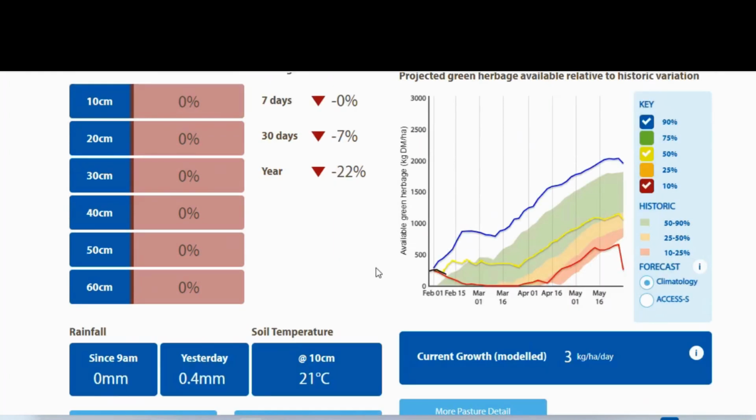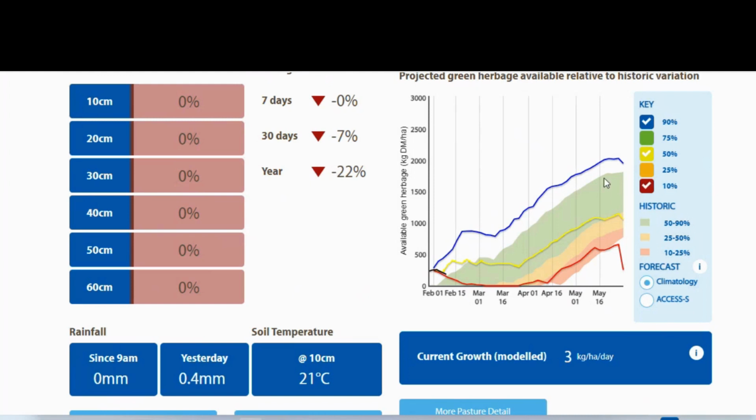And one of the key things in understanding Farming Forecaster is this historical data. It gives us a reference point to compare the forecast lines against. So where the brown meets the green is the 50% line. So little scale here, the green is covering the 50 to 90%.